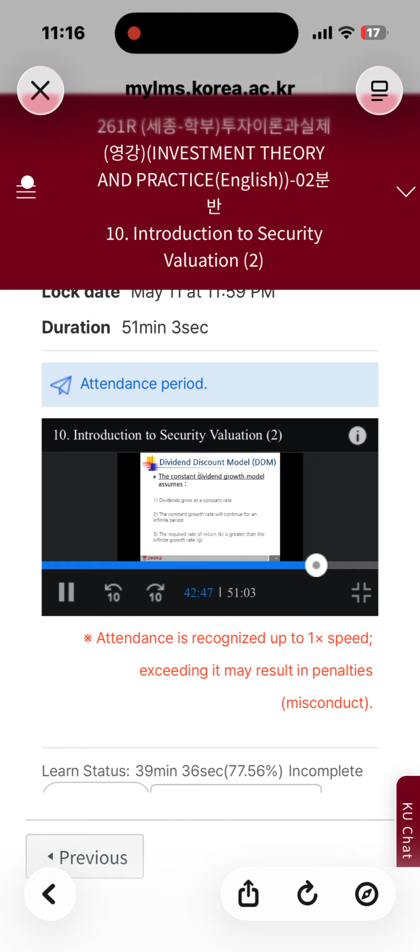Okay, the constant dividend growth model assumes dividends grow at a constant rate, and the constant growth rate will continue for an infinite period. So the required rate of return should be greater than the infinite growth rate to apply the dividend discount model.